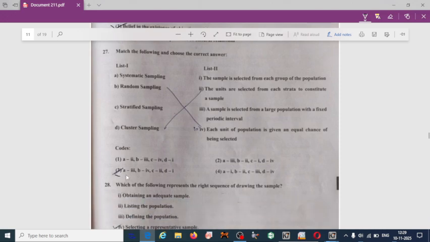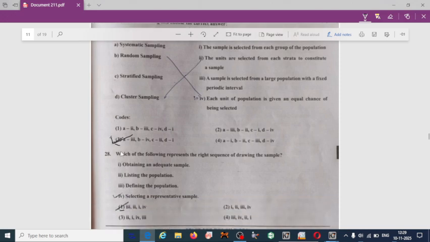So for this question, systematic sampling, random sampling, stratified cluster sampling, option 3 is correct. I am not going into detail, I am just giving you the correct options for the given questions. It will take a lot of time if I read in detail.